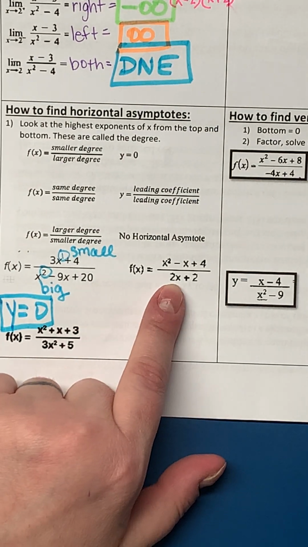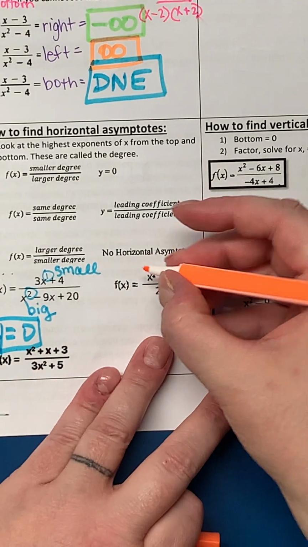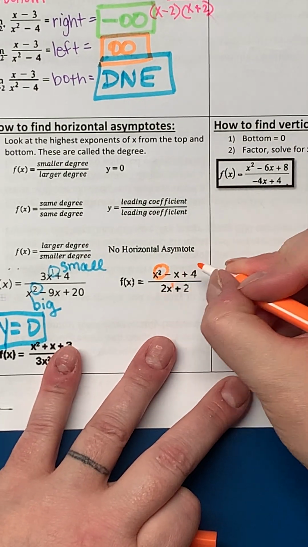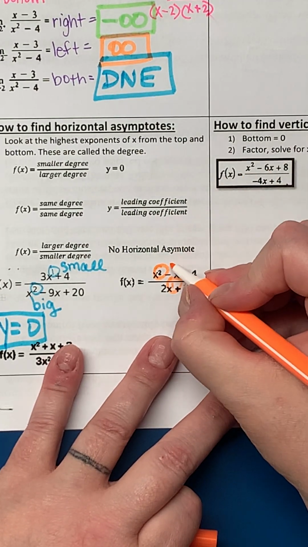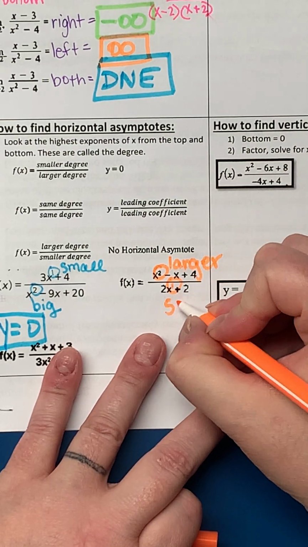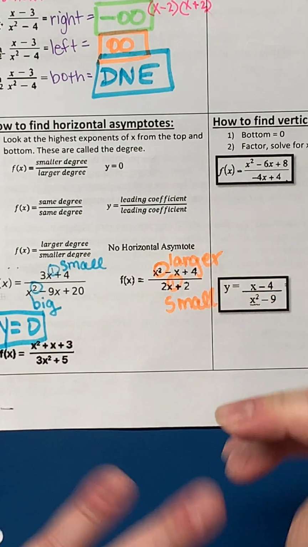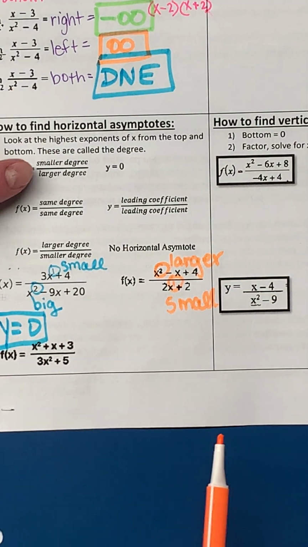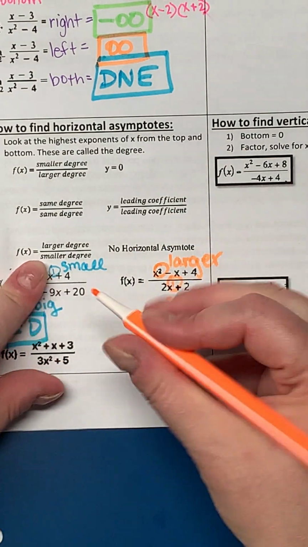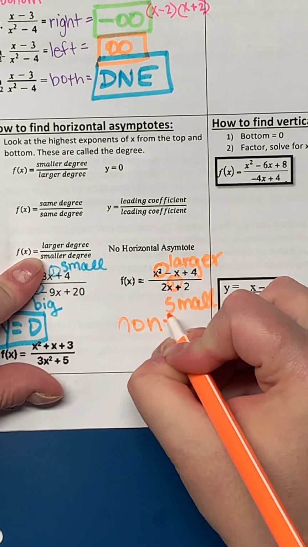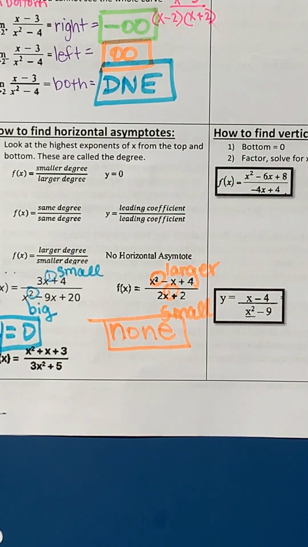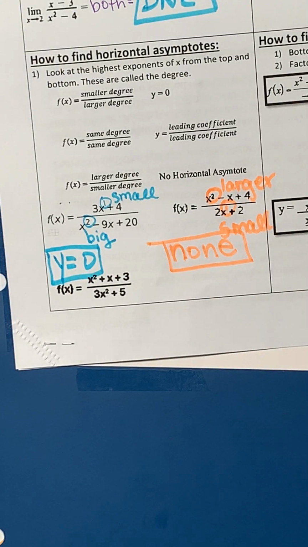Okay, let's look at this one. This one has an exponent of 2 on top and a pretend 1 on bottom. So that means the top is larger and the bottom is smaller. Larger over smaller. That means no horizontal asymptote. Darn.